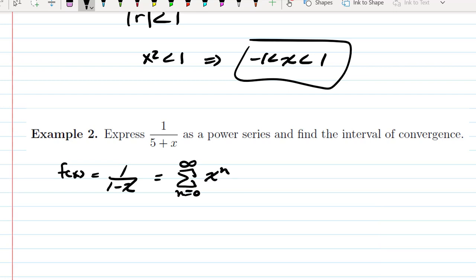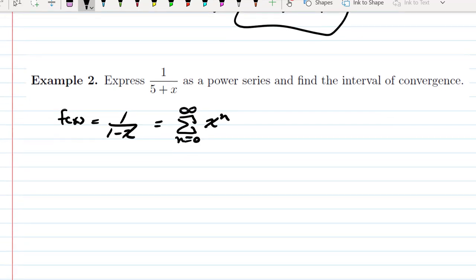So we want to express this as something in terms of f. So we need to use some algebra to get it in the form of f. The key thing we'll notice is f has a 1 and then minus our variable. And here we have a 5.